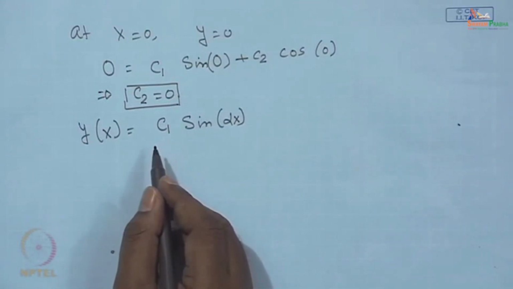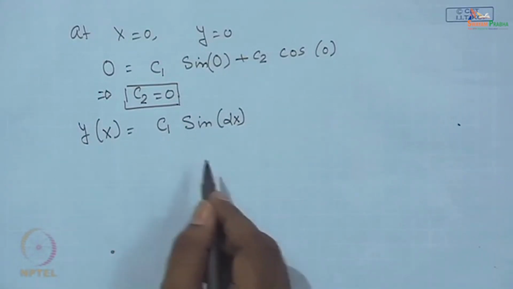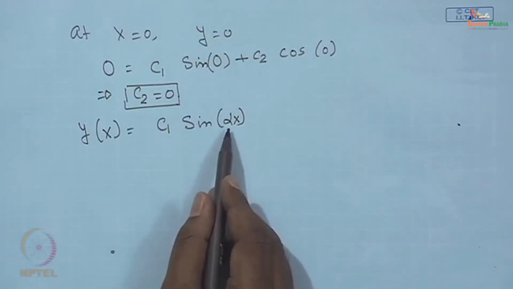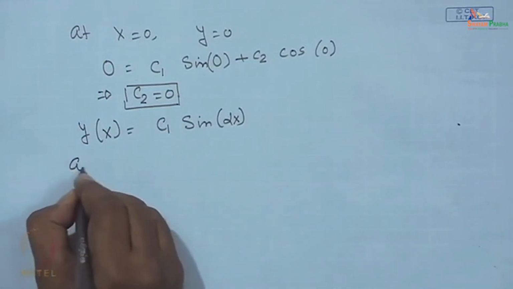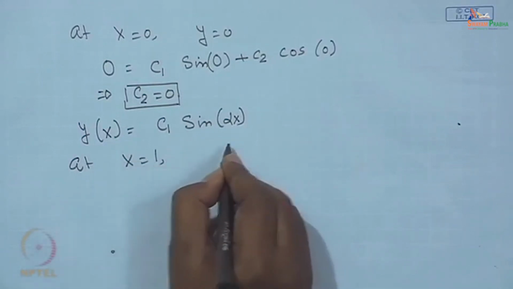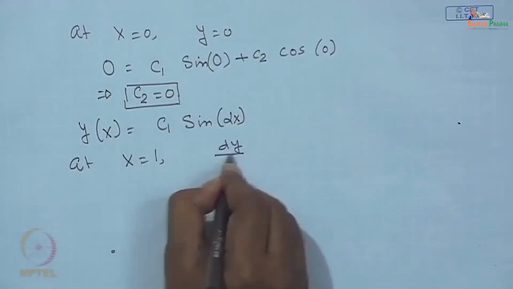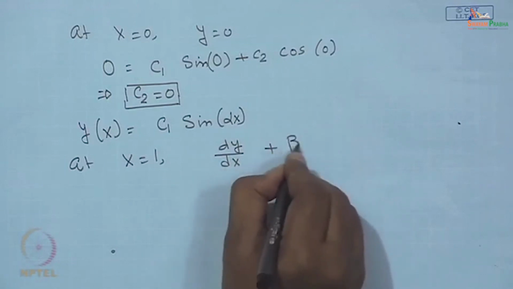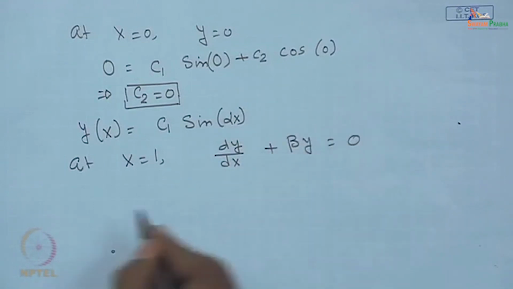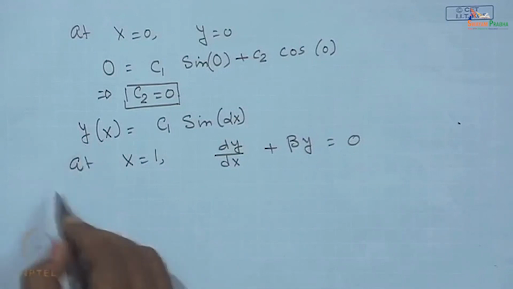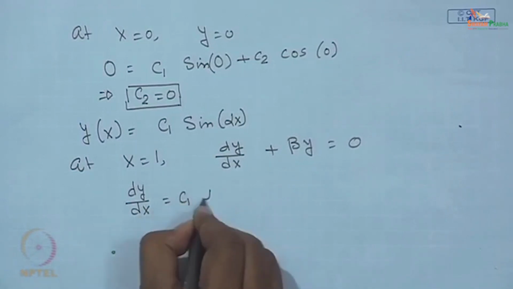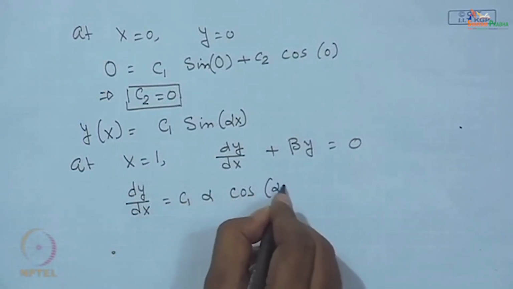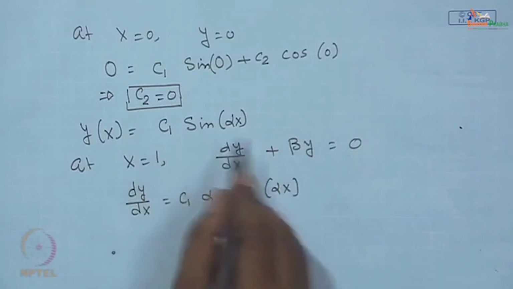Now, let us utilize the other boundary condition and see what information we can extract to evaluate the value of alpha. If you remember, the other boundary condition at x is equal to 1 is dy dx plus beta y is equal to 0. So we evaluate dy dx from here. dy dx is nothing but C 1 alpha cosine alpha x, and y is C 1 sin alpha x.